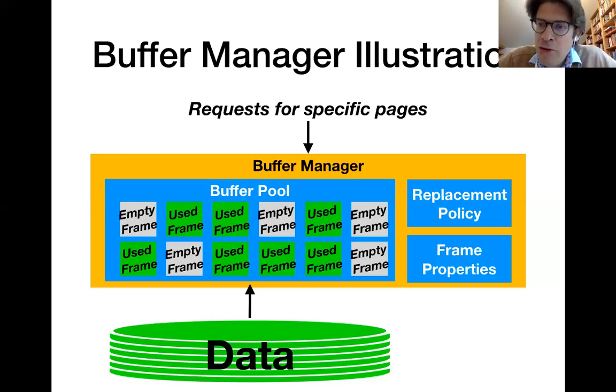And it also uses internally some heuristics in order to decide, for instance, which pages in the buffer pool to erase in order to create space, and which other pages to keep. So that is the replacement policy. And we are going to discuss the metadata and the replacement policy in the following.